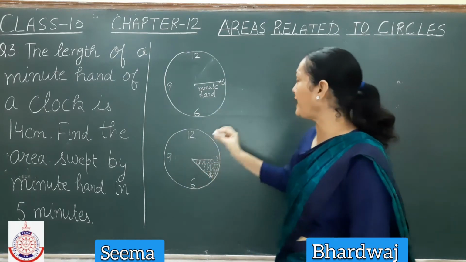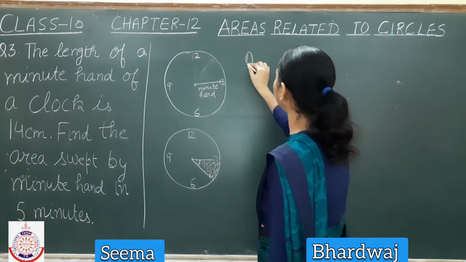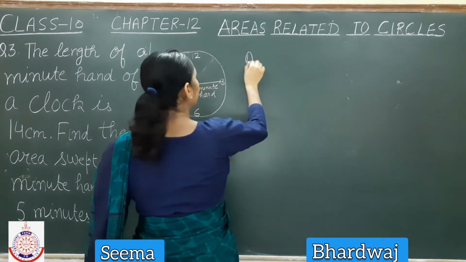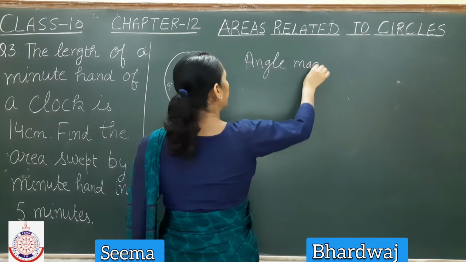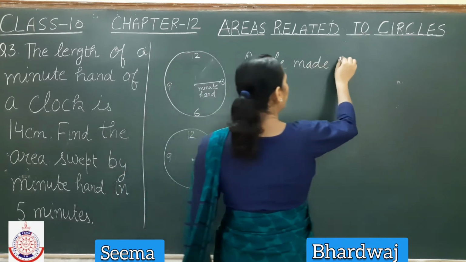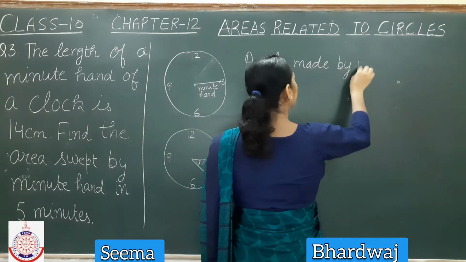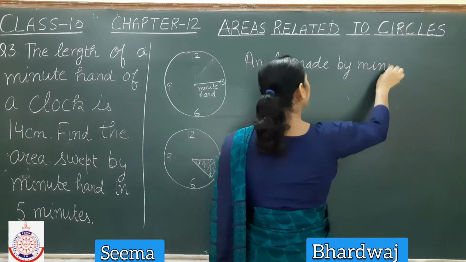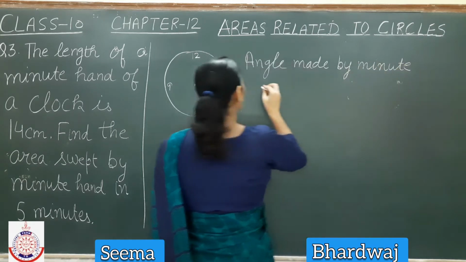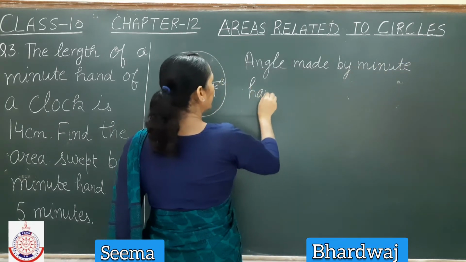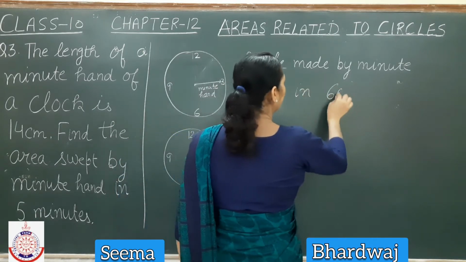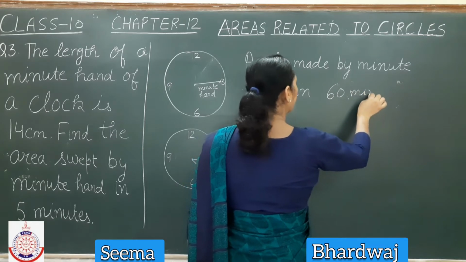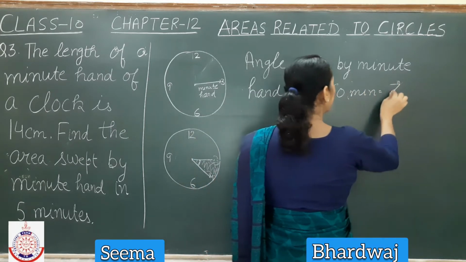That means we can write: angle made by the minute hand in 60 minutes is equal to 360 degree.